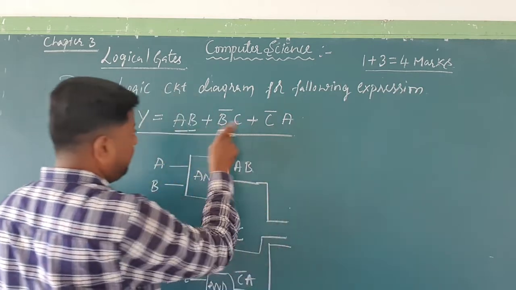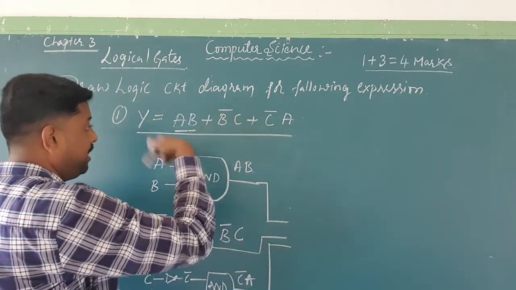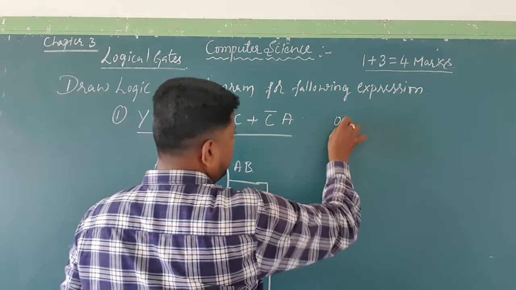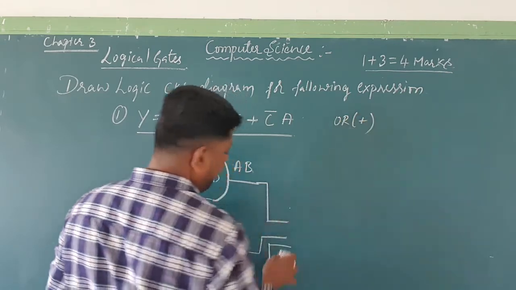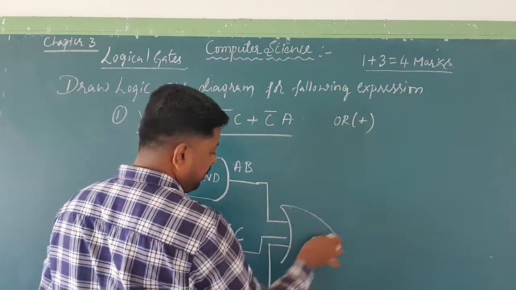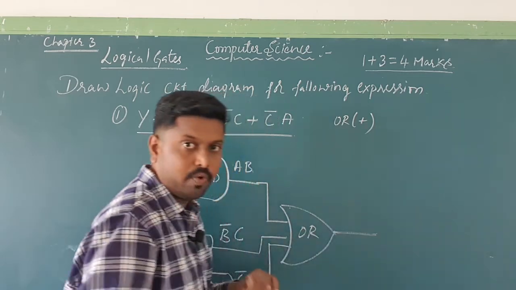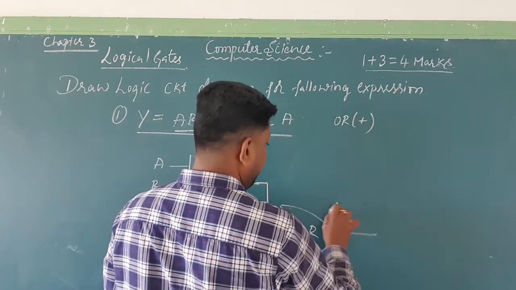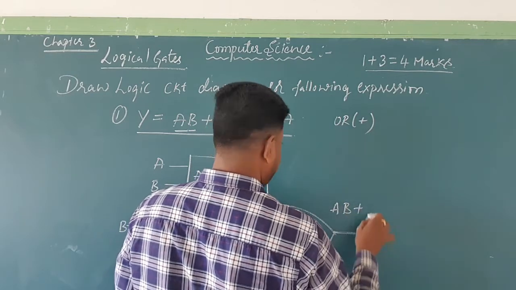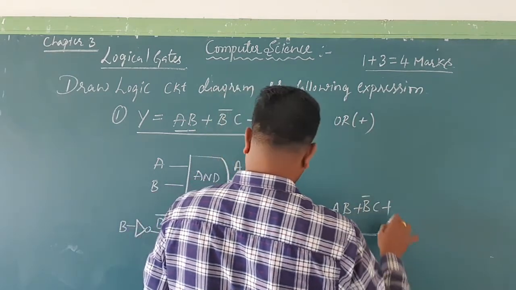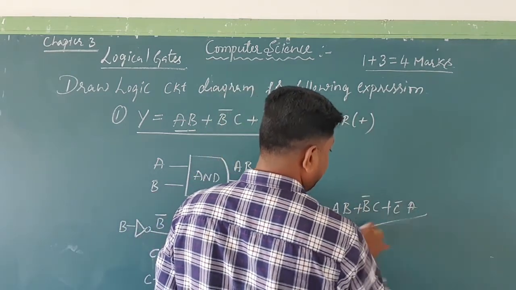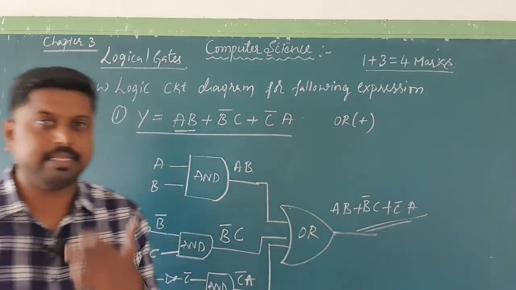In between all the expressions a plus symbol is there, and plus means logical OR. So I will combine them with a logical OR. Then you will get y equals ab plus b bar c plus c bar a.